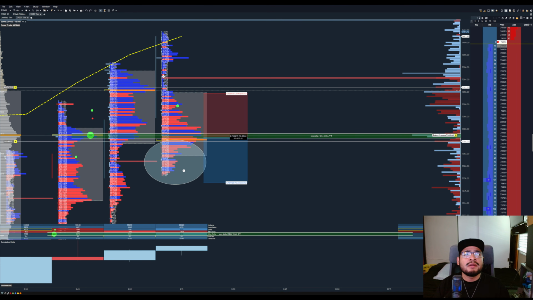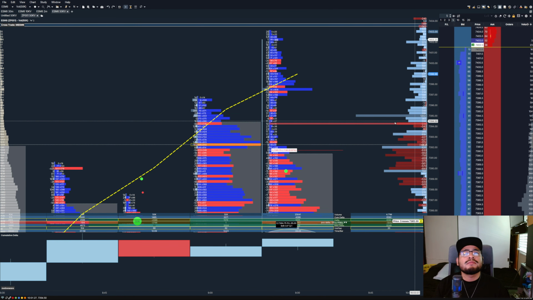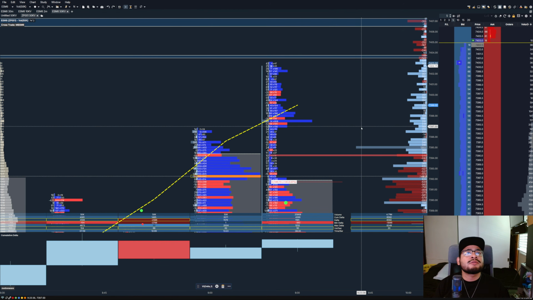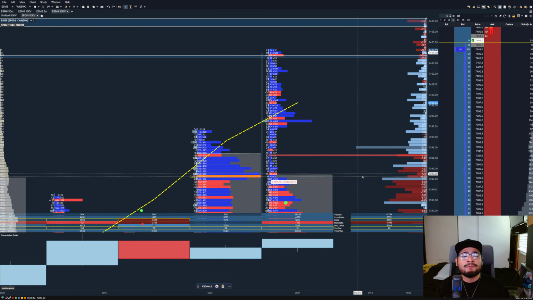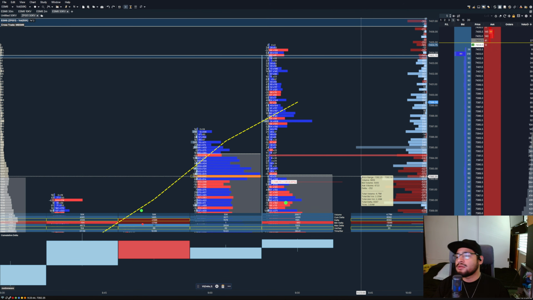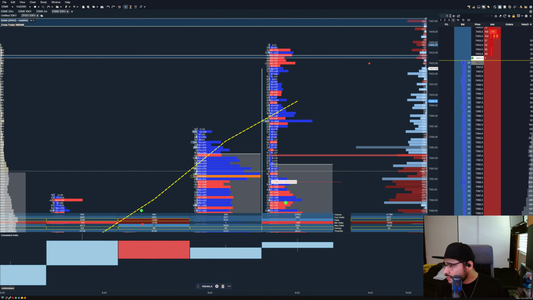Let's see if we have any zero prints. No zero prints as of now. Okay, we for sure tapped. We're above the weekly VWAP at 94, I believe, not mid 90s.